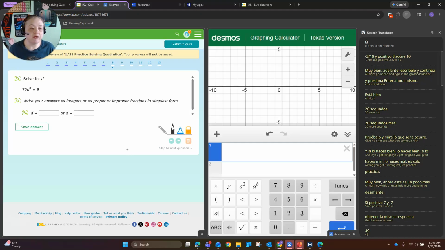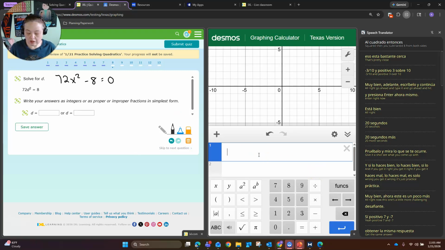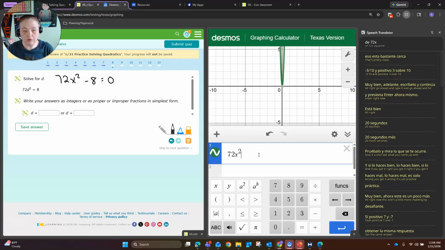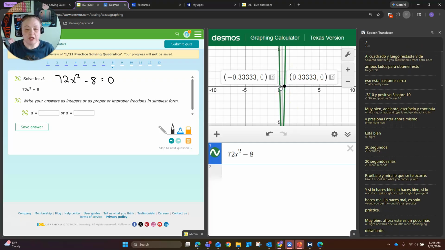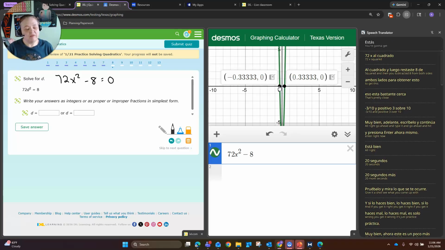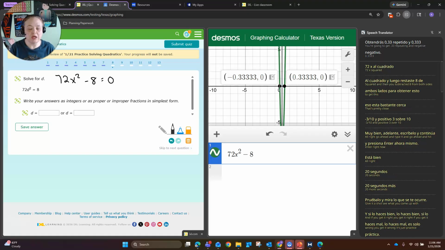So if you went with the graphing strategy, you went 72x squared, and then you subtracted 8 from both sides to get 72x squared minus 8. You're going to get 0.333 repeating and -0.333 repeating. If you try to get Desmos to give you that as a fraction, it's going to be pretty tough.